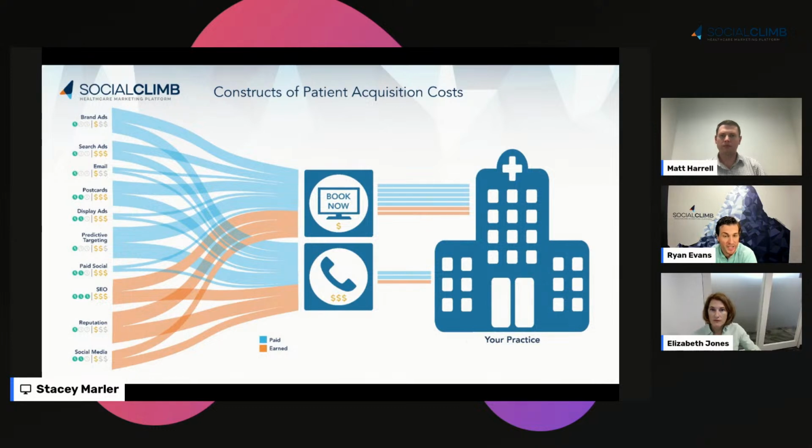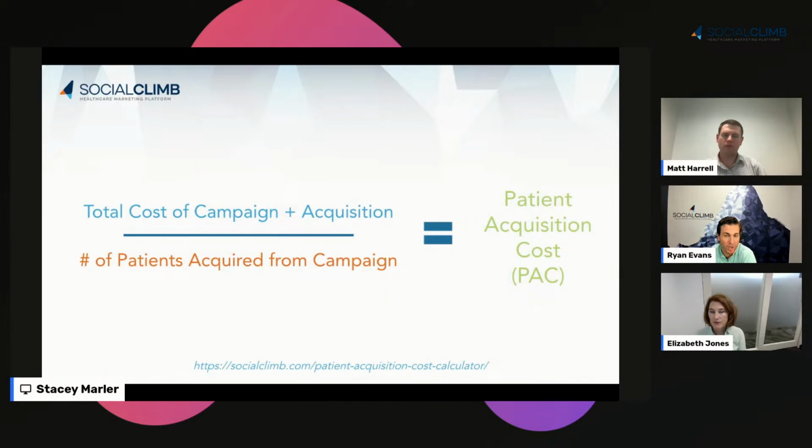There are ways to do that that are more expensive, some that take more time, some that are more cost effective and happen a lot more quickly. Ultimately, we're trying to get our patients to book either online with a self-scheduler or to call into our practice and book an appointment.